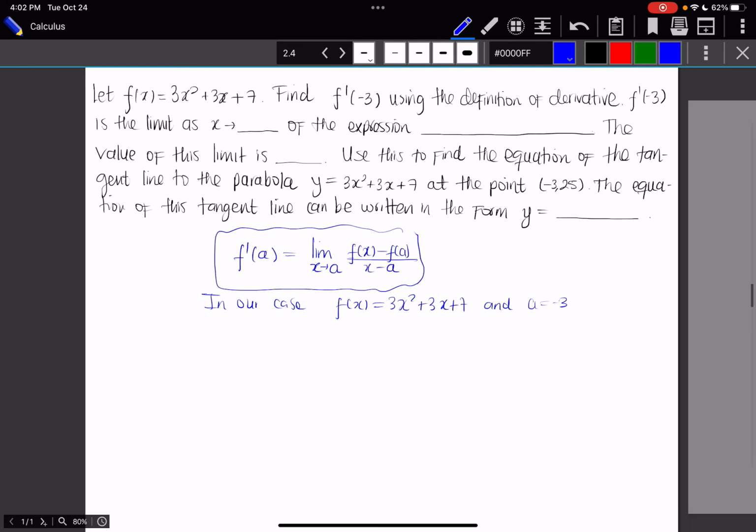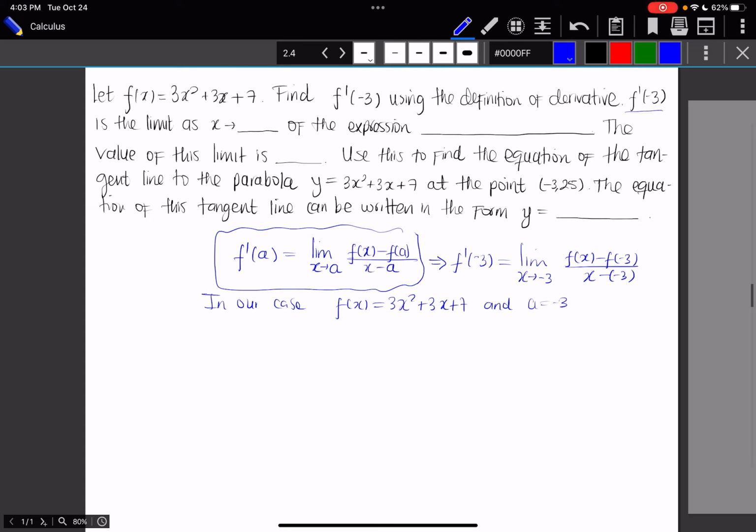So we can say that by definition, f prime of -3 is the limit as x approaches -3 of f of x minus f of -3 divided by x minus -3.